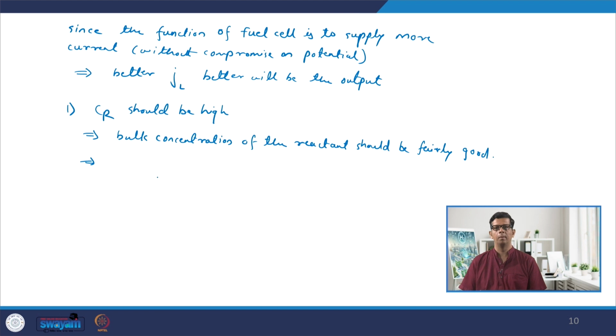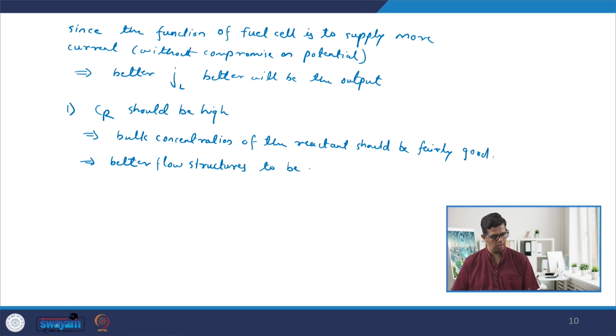And how can we achieve this? By employing good flow structures. So, we should have better flow structures to be employed. We will discuss more about flow structures in the upcoming sessions.